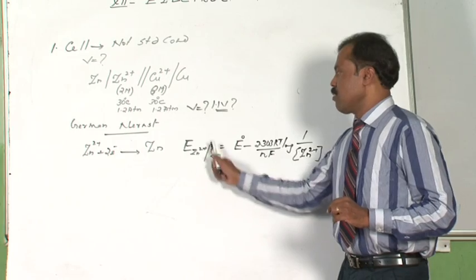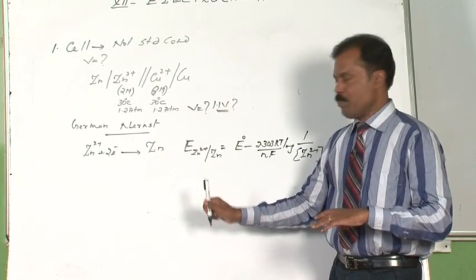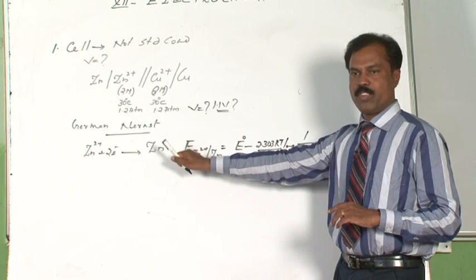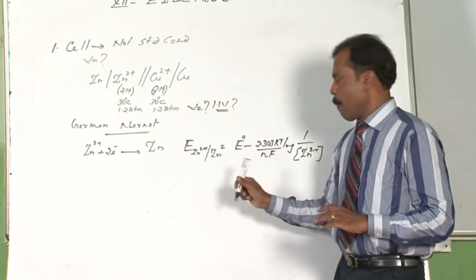As you know, E is the EMF of this particular electrode if it is not in the standard state. E0 represents the EMF of the electrode in the standard state, which value we already know.